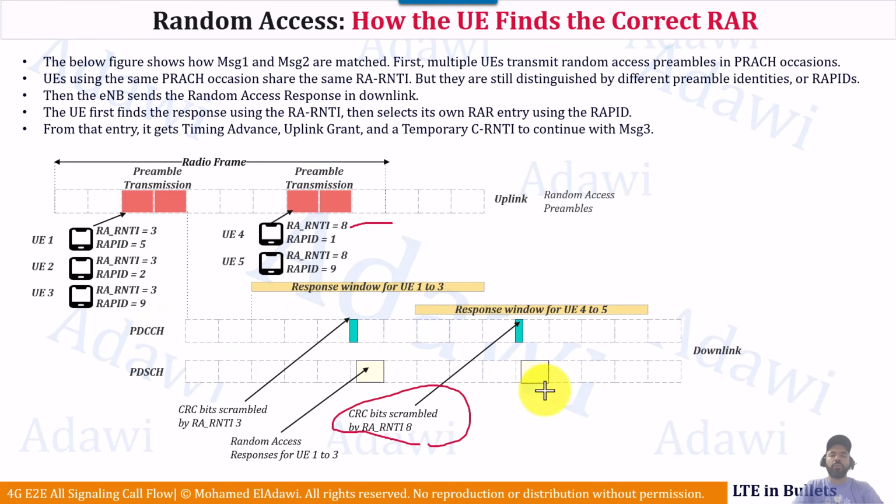Afterwards, they will be able to decode the random access response message. So this is a use case of the RA-RNTI identifier. Now let's move to the parameters to get more high level first about SIB2, then we'll discuss each and every single parameter in detail.